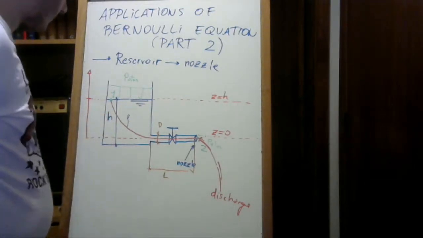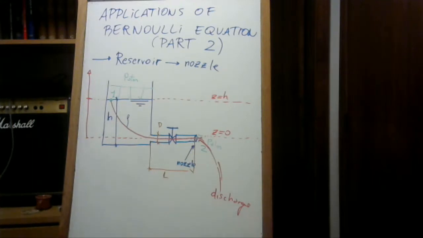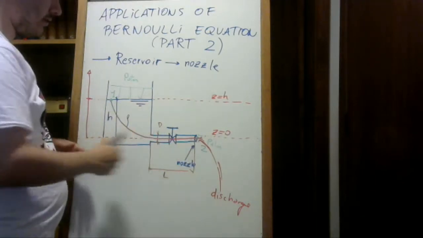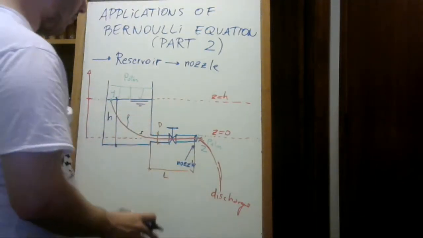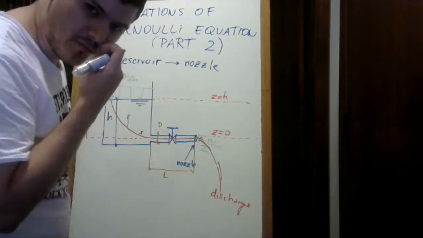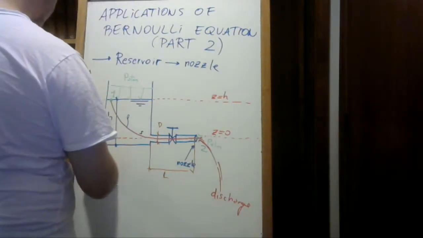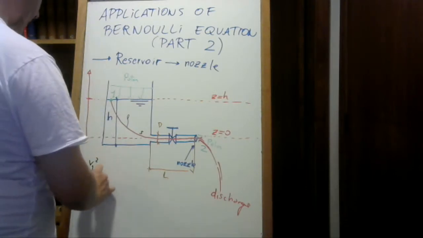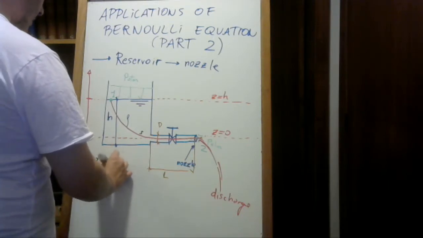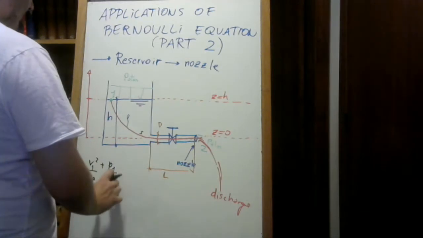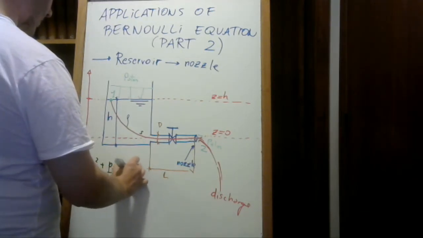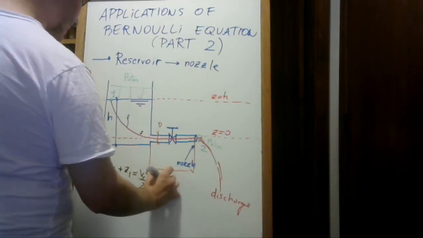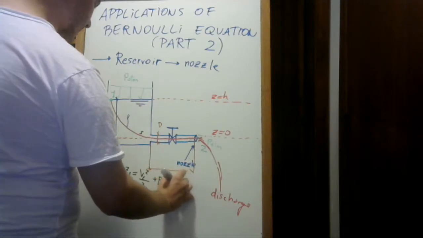Okay. So if we apply the Bernoulli equation between 1 and 2 along this streamline, let me write first the full equation. V1 squared divided by 2g plus P1 divided by gamma plus z1 equals V2 squared divided by 2g plus P2 divided by gamma plus z2.